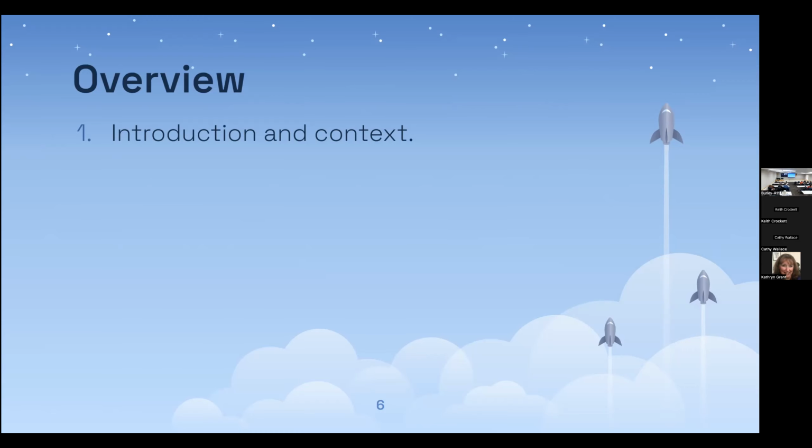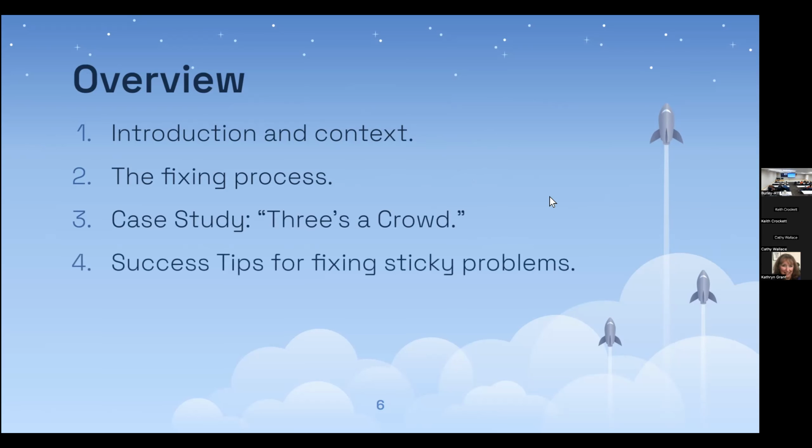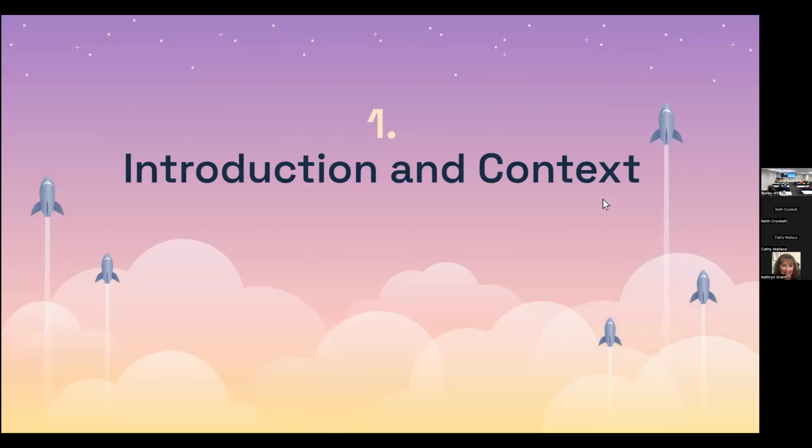Today we'll make our best effort to put it all in 1 hour. So we'll start with an introduction and context, and then we'll display a quick fixing process. It's only got 3 steps, but it's pretty powerful. Then we'll use that process on a case study. And finally, we'll end with some success tips for fixing those sticky problems.